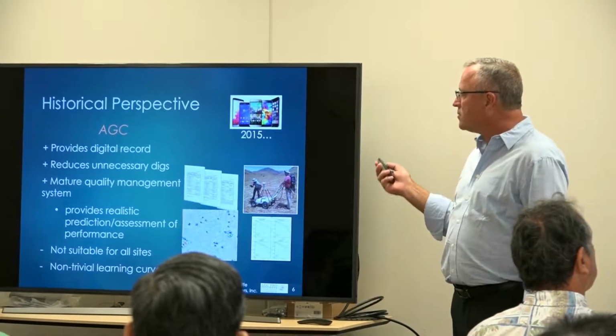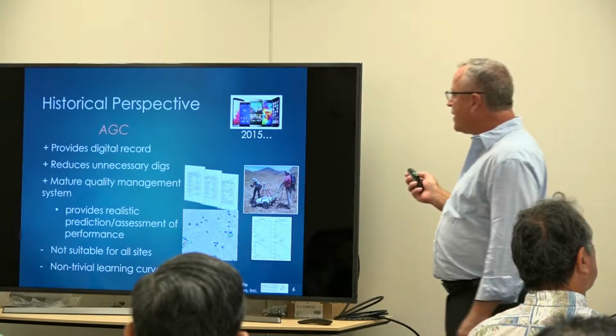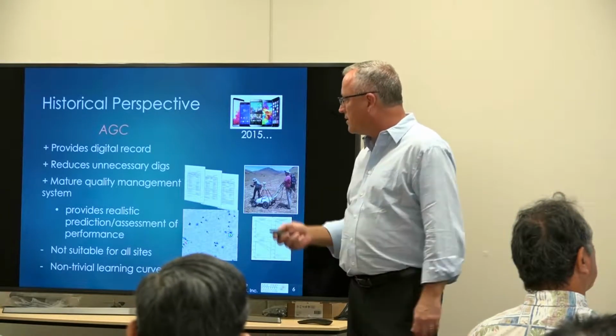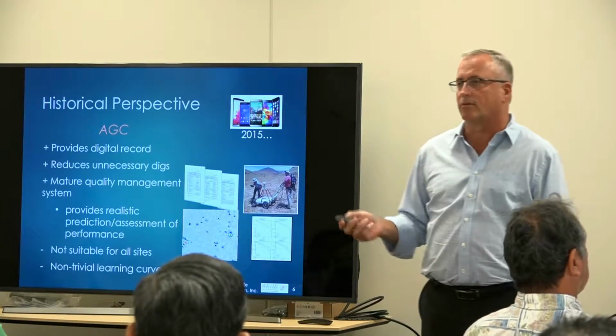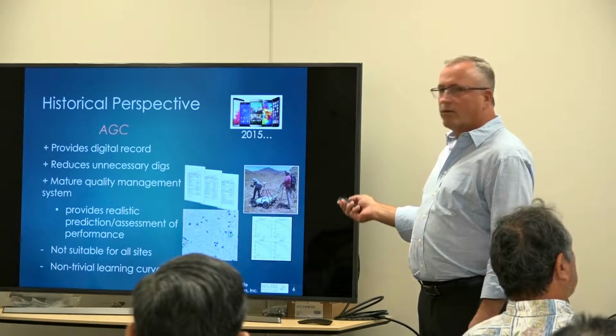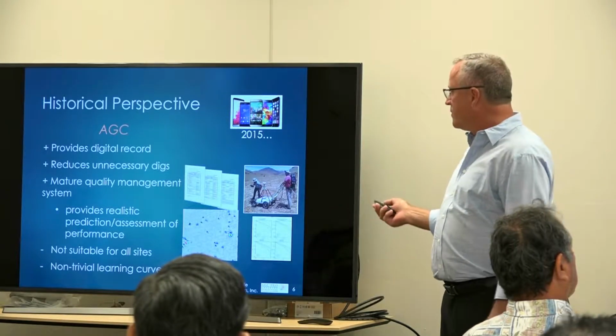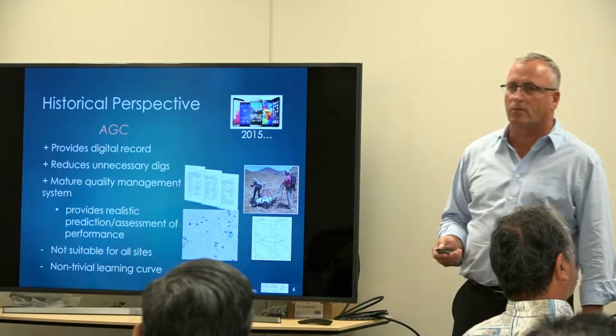And I'll talk tomorrow about the quality management systems. The side effect of this quality management system is that you get a realistic prediction and assessment of your performance after the fact and before the fact. It is not suitable for all sites. We have to be very clear about that, and there's a non-trivial learning curve associated with it.